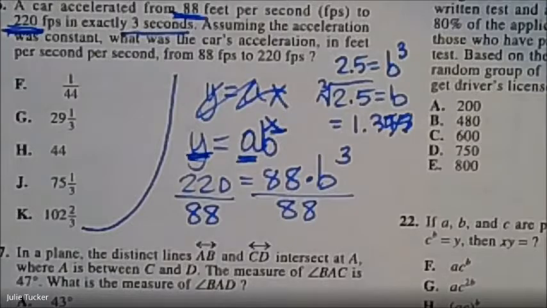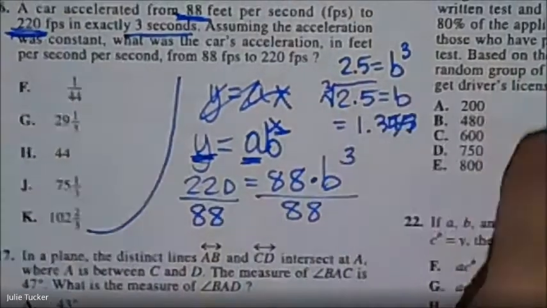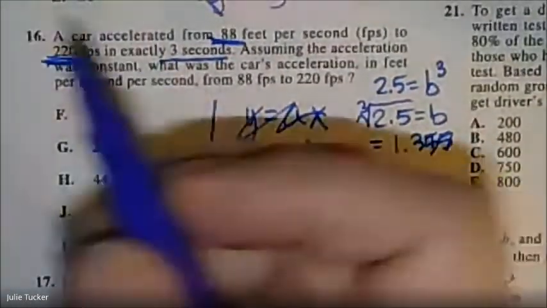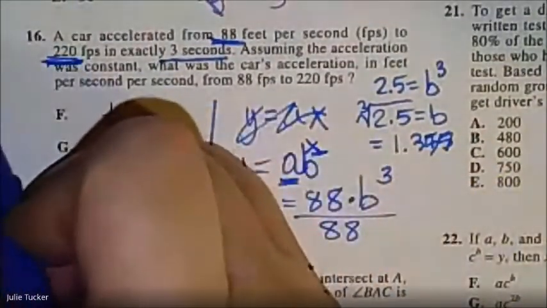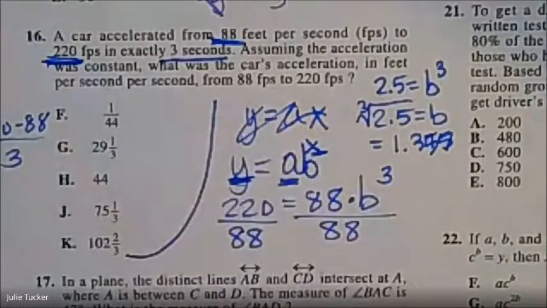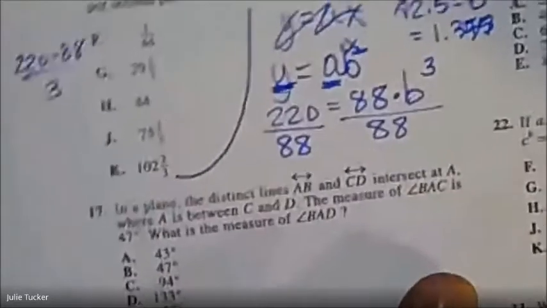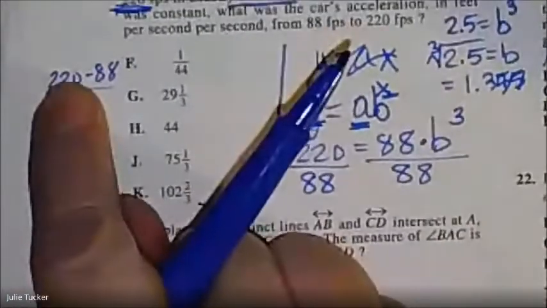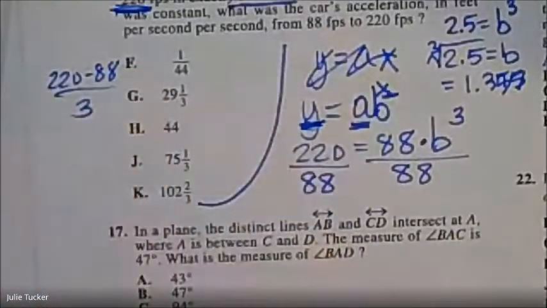No, this doesn't match any of their answers, Connor, so I'm trying to understand why. I'm guessing I'm not understanding their question and that all they want is for us to do 220 minus 88 and divide it by 3. Like the final minus the initial divided by 3 seconds.